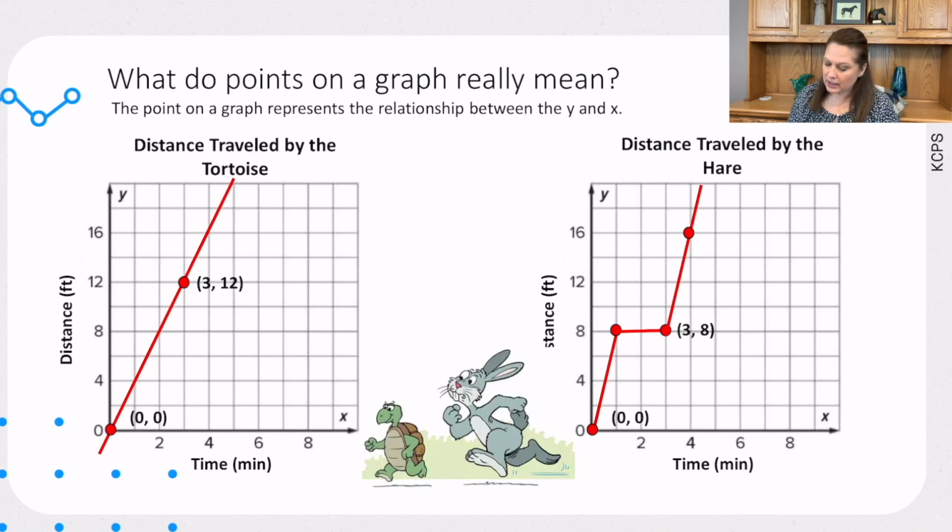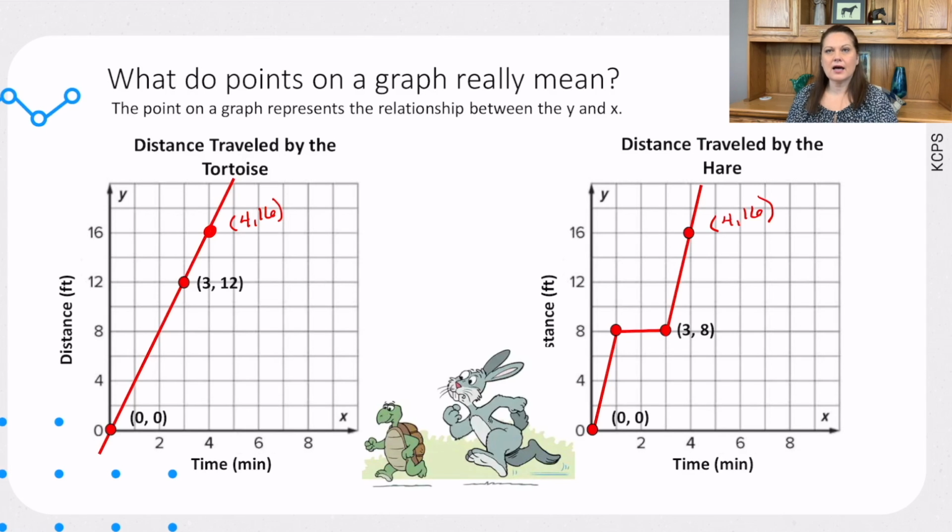Now you'll notice that at 4, 16, at coordinate 4, 16, the tortoise and the hare are at the same point in the race. So that's probably what you see in the picture right there, is the hare has caught up with the tortoise, and they're trying to figure out, okay, who's going to win the race.